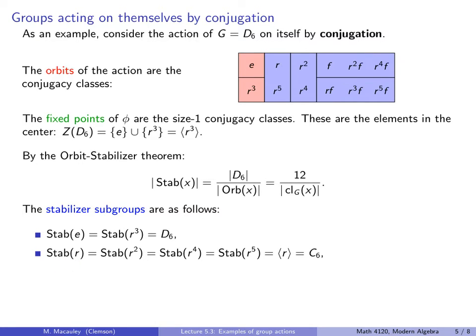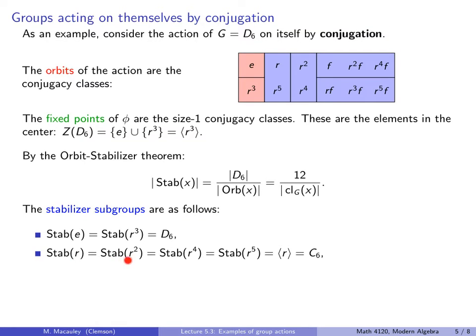Let's look at r next. So r is contained in an orbit of size 2. So the stabilizer subgroup must have size 6. And the stabilizer is the set of elements that commute with r. And clearly, those are the rotations, powers of r. All of these, r squared, r cubed, and so forth, commute with r.